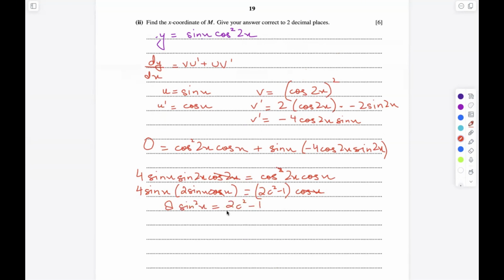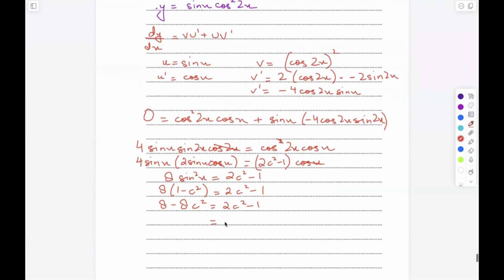Now, if you want to bring it in terms of cos squared, in place of sine squared, we can write 1 minus cos squared. Opening the bracket, we'll get 8 minus 8 cos squared is equal to 2 cos squared minus 1. Taking 8 cos squared on the right hand side, this will become 10 cos squared. Taking minus 1 on the left hand side, this will become 9. So cos squared of x will be equal to 9 upon 10.